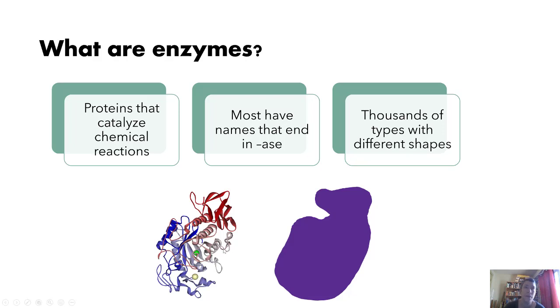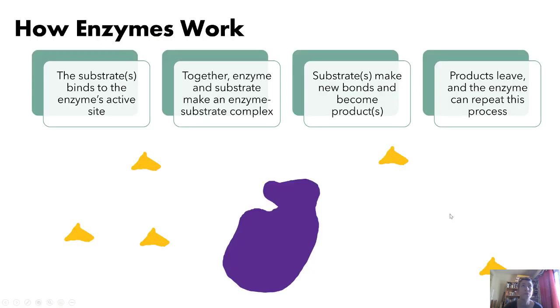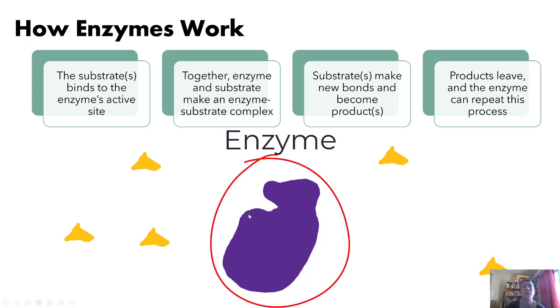But often, to simplify things, we will draw a two-dimensional outline of what that shape might look like to represent an enzyme. So this big purple blob represents an enzyme, when in actuality the three-dimensional shape is better represented by this ribbon diagram. So if we go back here, we can see that this enzyme has a particular shape on it.